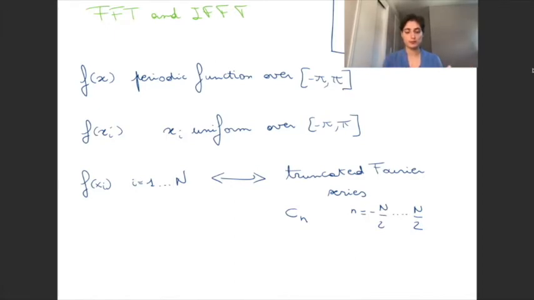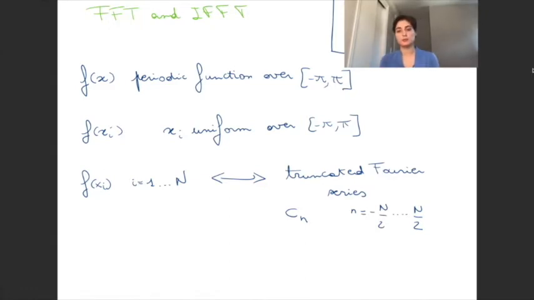By uniformly distributed, I don't mean it in the statistical sense, I mean that they are spaced equally from minus pi to pi.